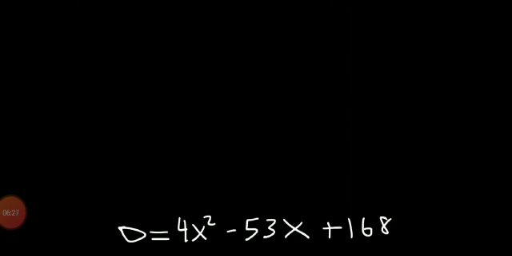Now we have the standard form of a quadratic equation. For finding the solution set, we can use factorization, we can apply the quadratic formula, and a third way is the completing the square method. By taking any of the methods we can solve it for finding the solution set of x. The product of 4 and 168 is 672.